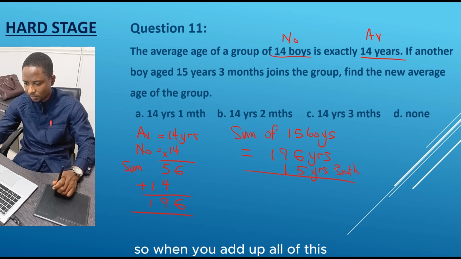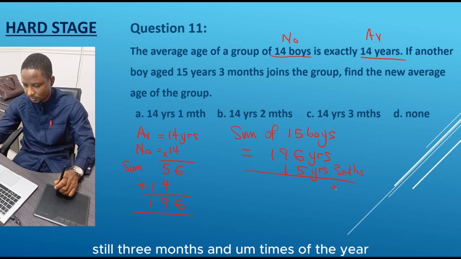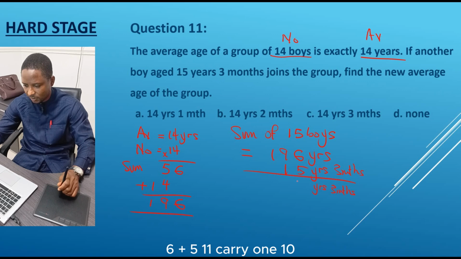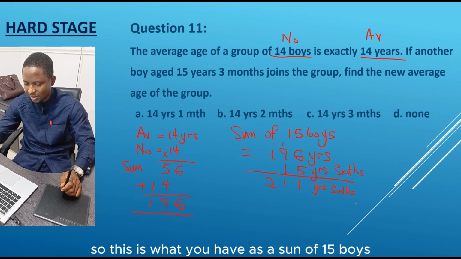So when you add up all of this, what you get is still 3 months, and in terms of the years, 6 plus 5, 11, carry 1, 10, 11, carry another 1, and that's 2. So this is what we have as the sum of 15 boys.